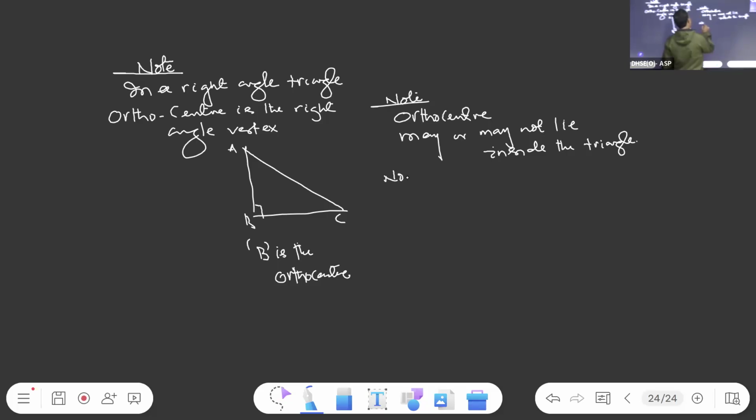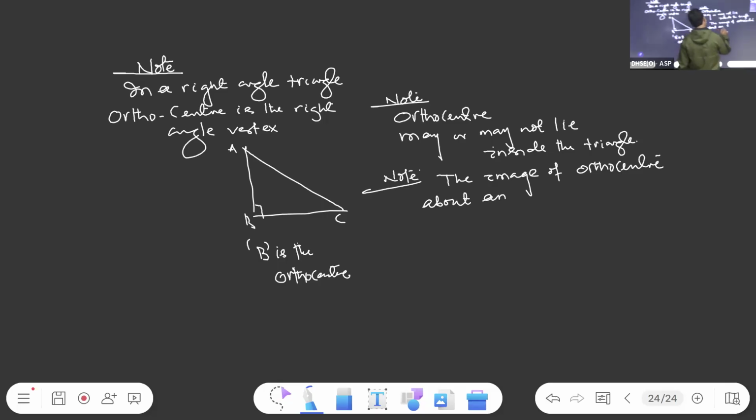Another note point, the image of orthocenter about any side of the triangle lies on the circumcircle of the triangle.